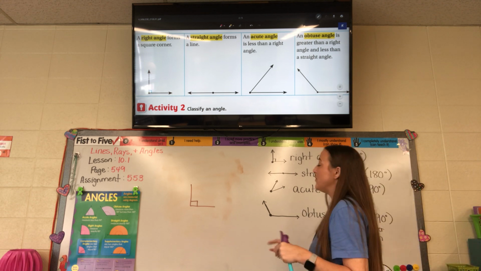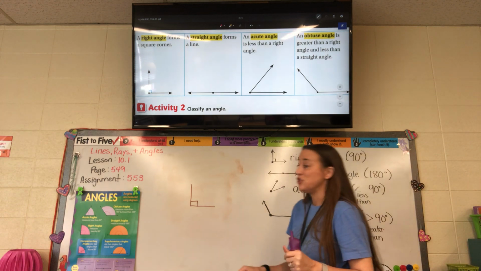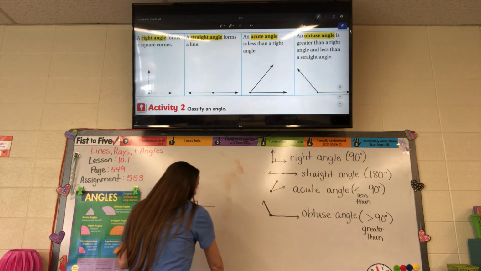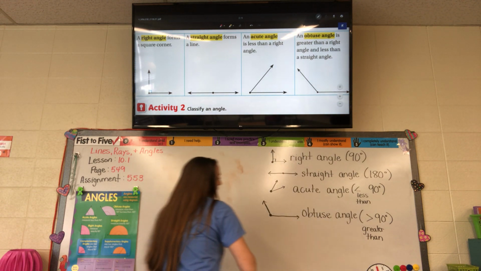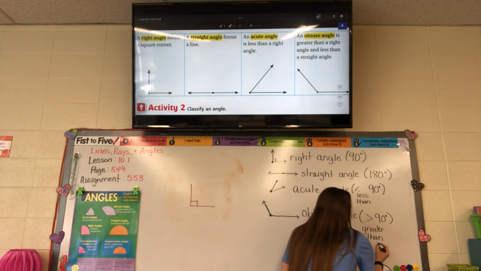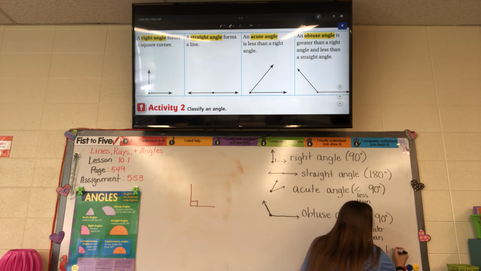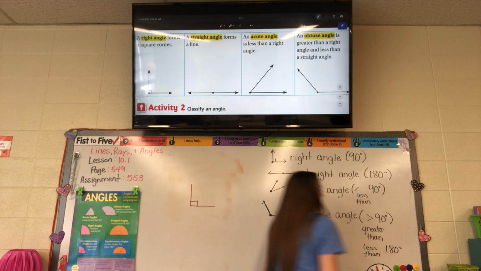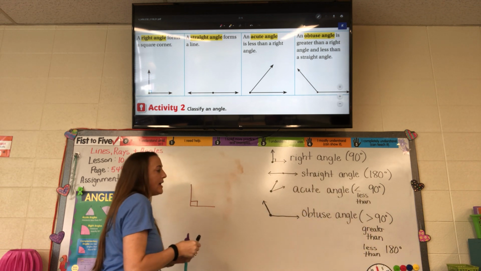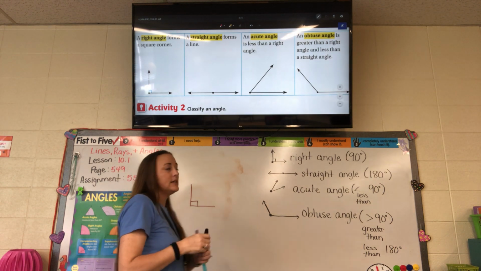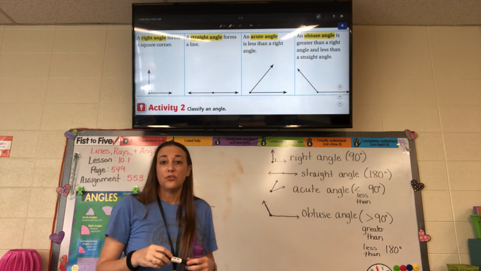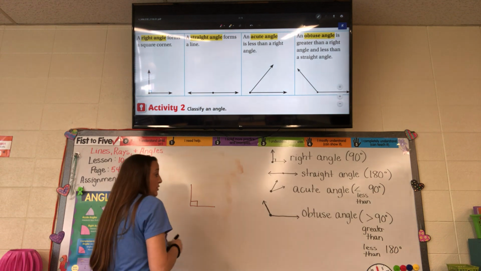But important to note is it's less than a straight angle. So I did not put that up here. Greater than 90, less than 180. So if you had an angle that is 177 degrees, that's going to be an obtuse angle.